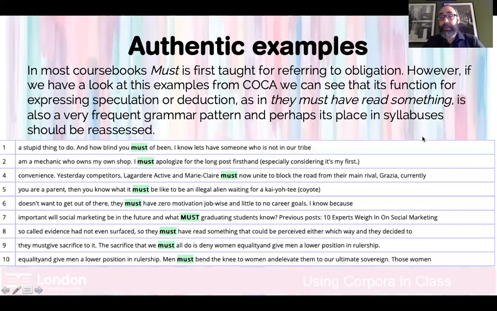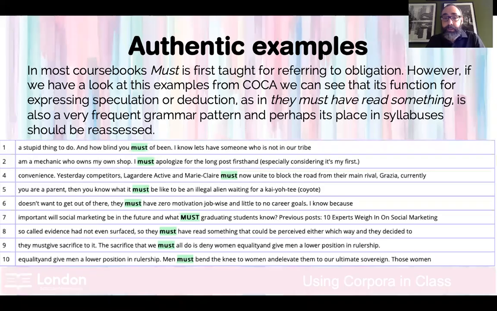And the other thing we can get in Corpora is authentic examples, and this is very important, I think. In class, very often in course books, we get all these display phrases. We get all this language that has been manipulated to fit the rule very often. Sometimes you see phrases you would never say in real life, quite honestly.